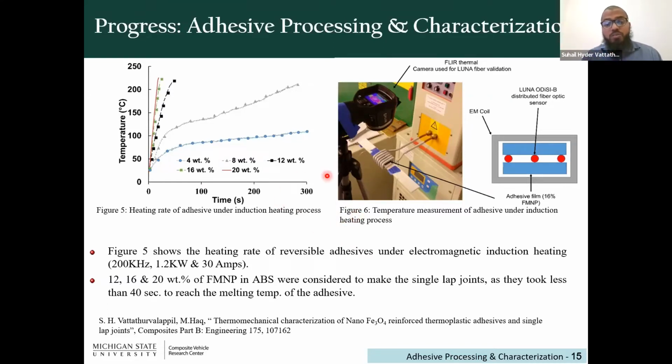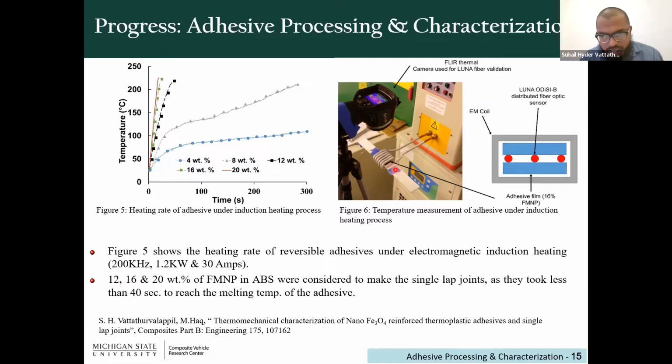Now, how do we understand their response with respect to electromagnetic induction heating? To understand their thermal response, the blue parts you see on the right-hand side are the adhesives, and we put distributed fiber optic sensors in between the adhesive. It's difficult to visualize, but you can see some wires coming out.